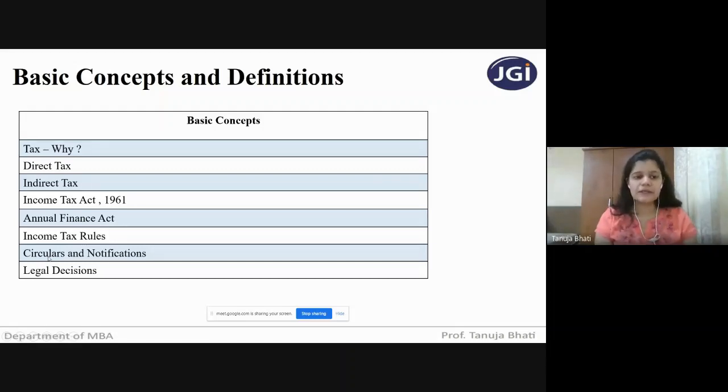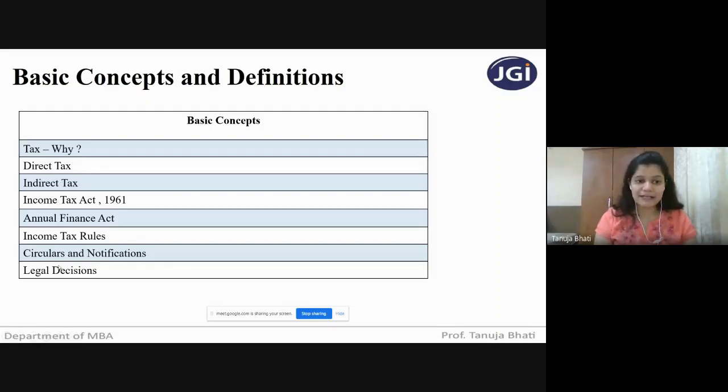Next, let us understand what are circulars. Circulars are again issued by whom? The Central Board of Direct Taxes, because they are the ones who have the power to administer the income tax. So the Central Board of Direct Taxes will issue circulars. Now, why are circulars issued?